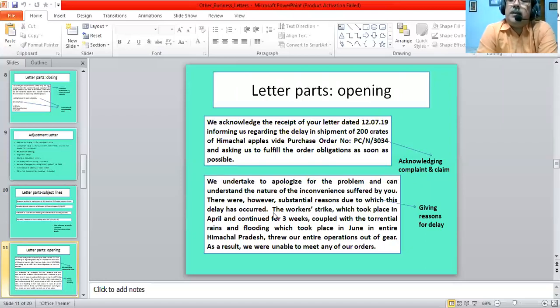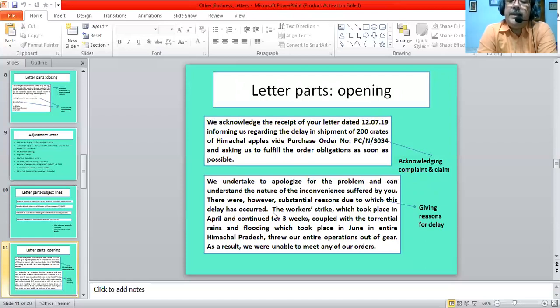Now, obviously, the letter then, after the introduction, talking about the acknowledgement of the complaint that has been made, talks about the reasons why this problem has taken place at all, or gives further details about this problem.